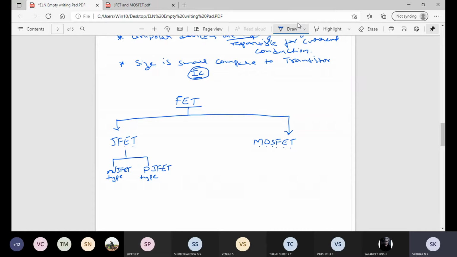And if you come to the MOSFET side, it is again classified into two types: depletion and enhancement.